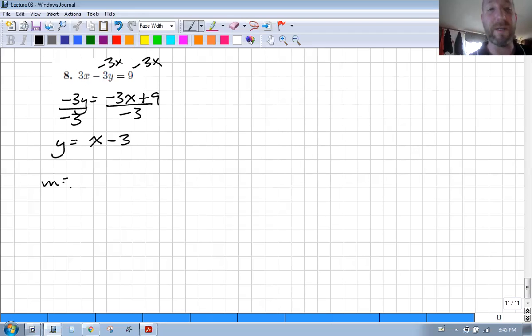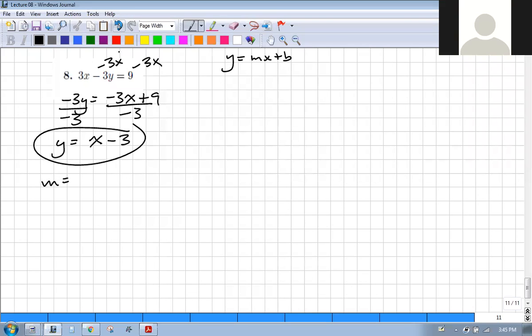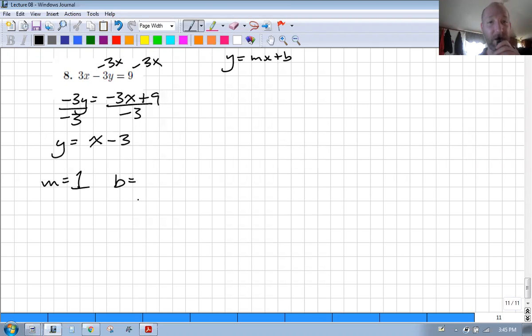Who can tell me what m is here? What are we multiplying x by? 1. Exactly. It's just 1x. We just don't write the 1, right? Now what is our b? -3. Exactly.